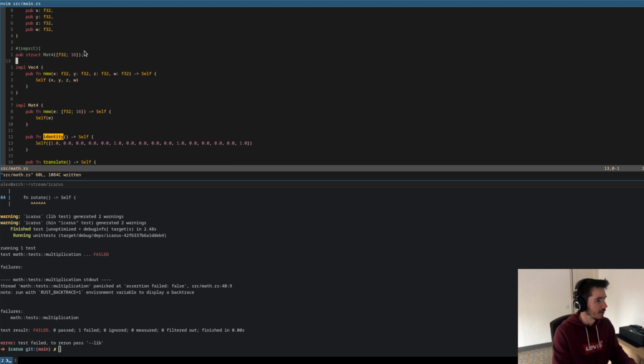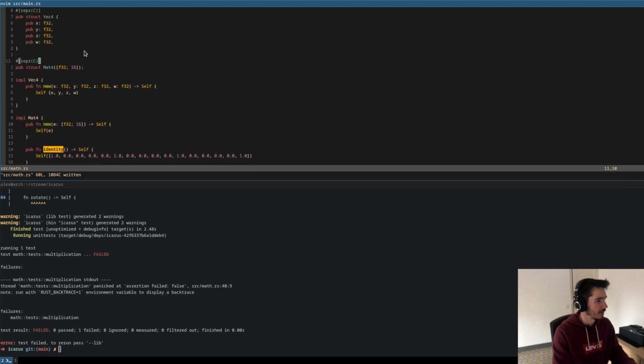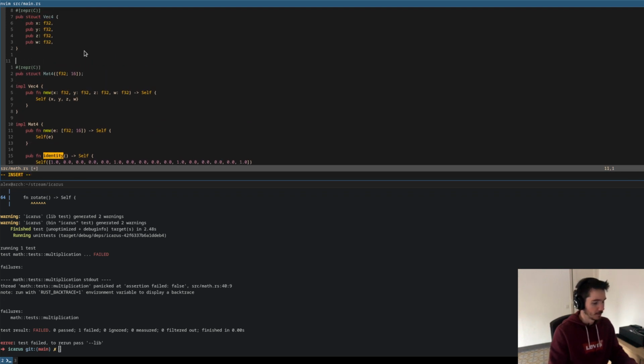And I'm gonna add a comment here. Matrix mat4 stores its elements as, is it called row major? Row major?